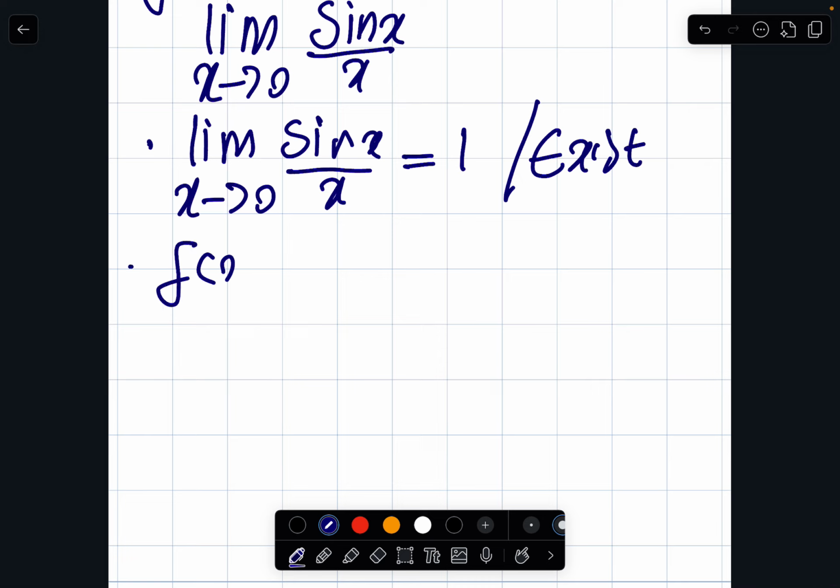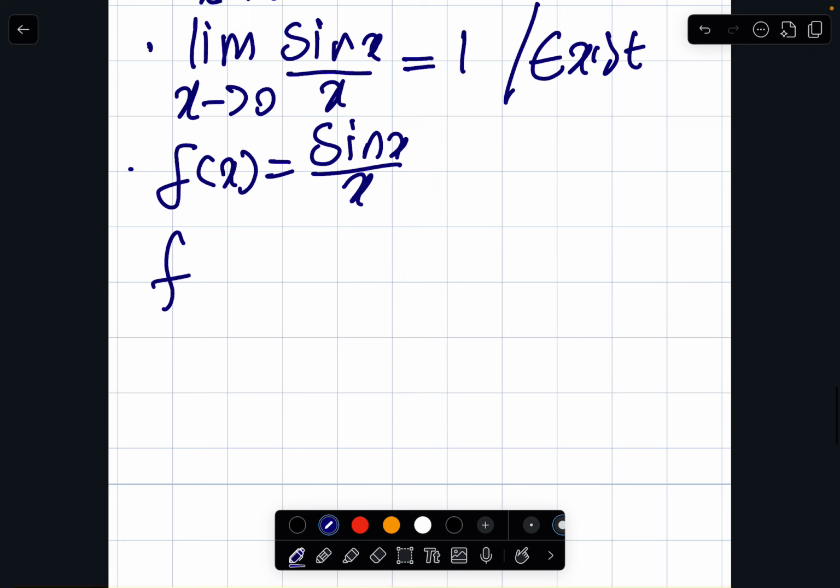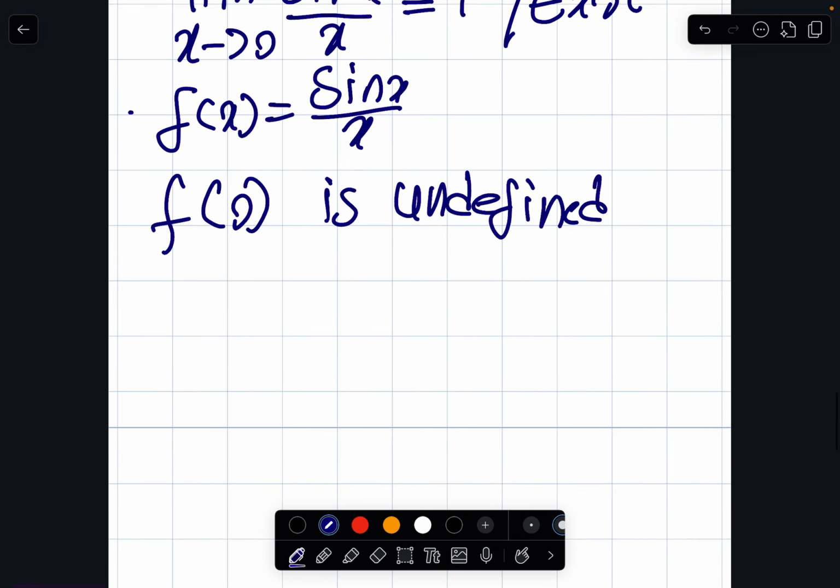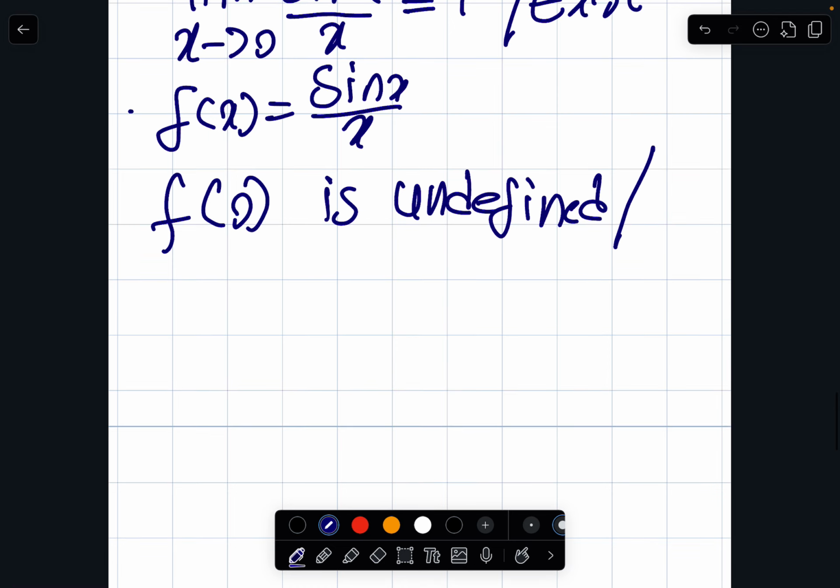But our f of x is sine x over x, meaning our f of 0 is undefined, ne? If it's undefined, it means it is either infinity or negative infinity, meaning it does not exist.